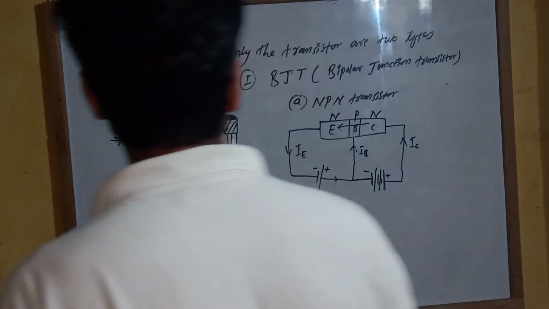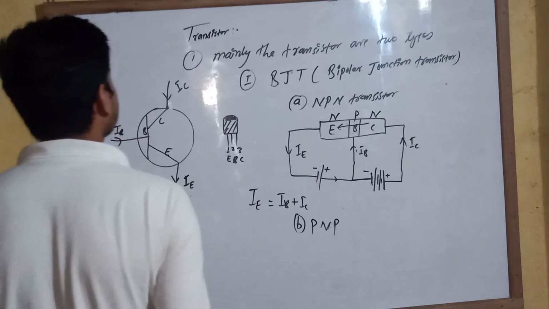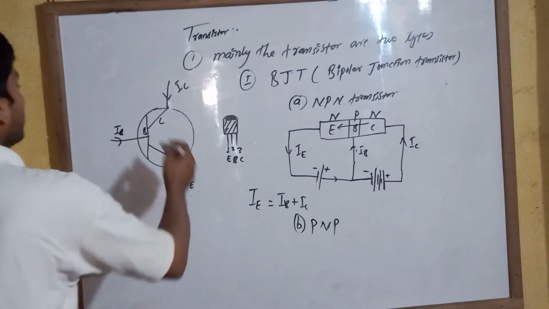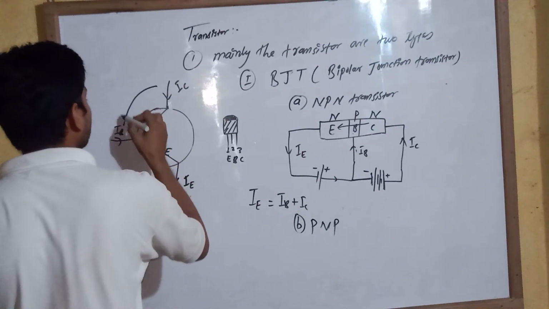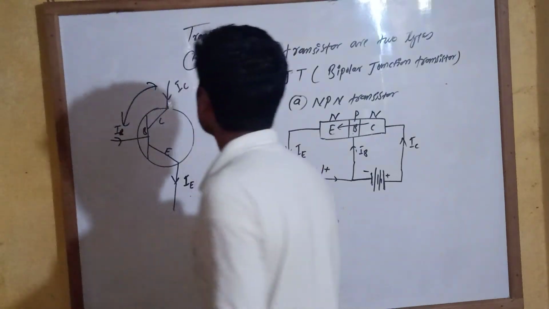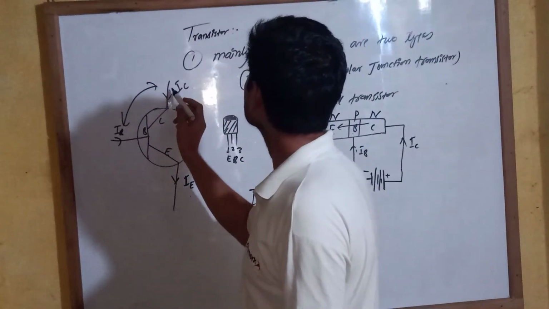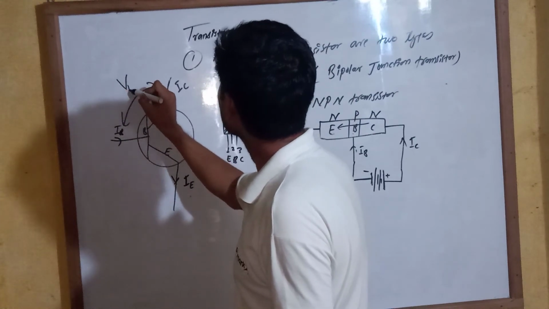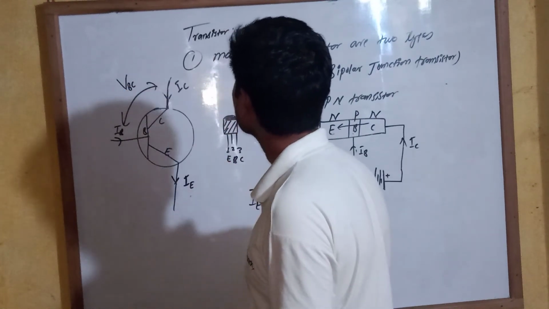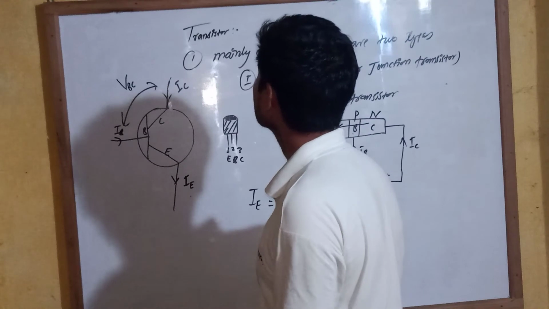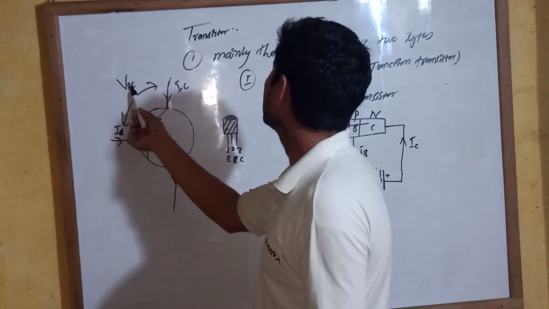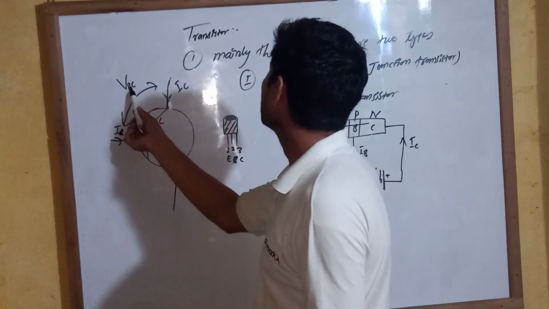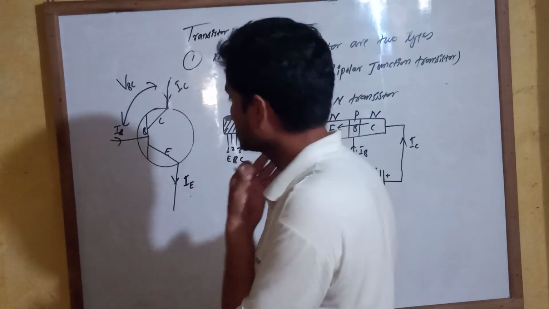Yes, there is a little bit remaining to explain, which is the voltage present between these two portions. The voltage present between the collector region and base region is denoted by VBC, known as the voltage between base and collector.